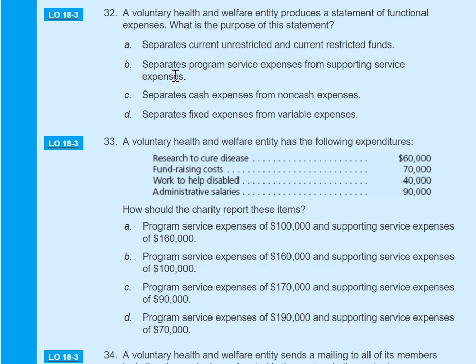As I just mentioned, program service is related to the mission of the entity. On the other hand, supporting service is some sort of managerial or other administrative related expense. So number B is correct. That's the purpose of this statement. Cash expense, non-cash, no, they don't separate cash versus non-cash, and they don't do fixed versus variable either. So number B is correct.